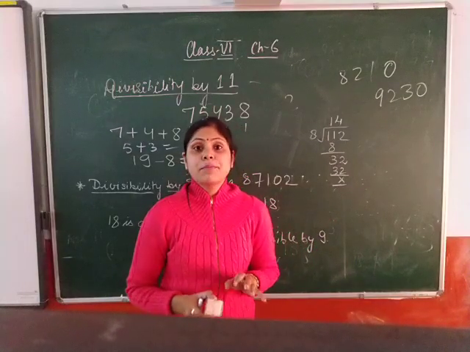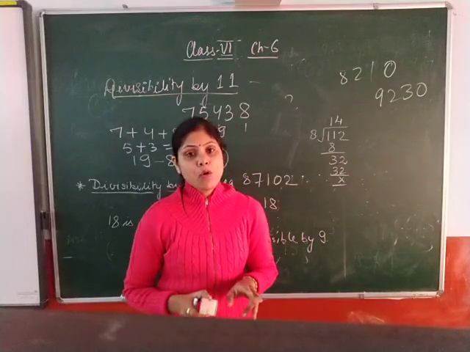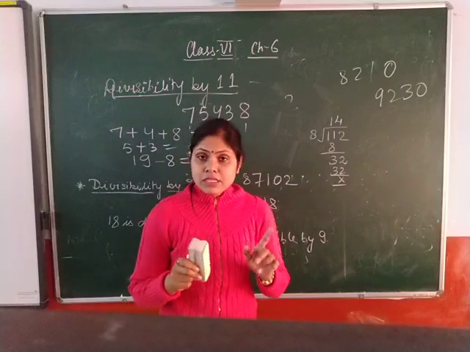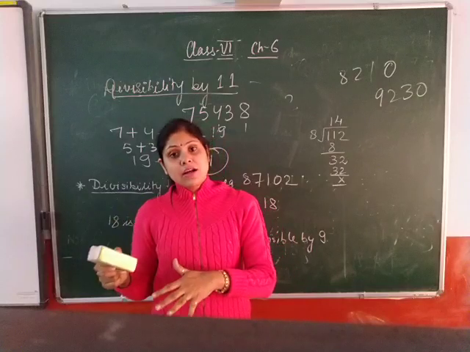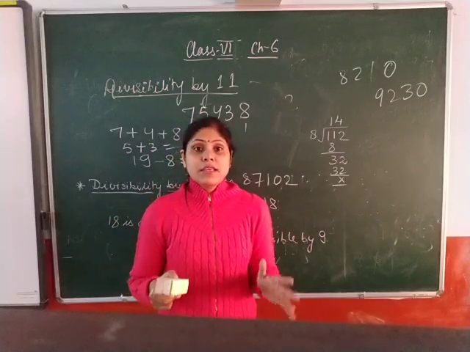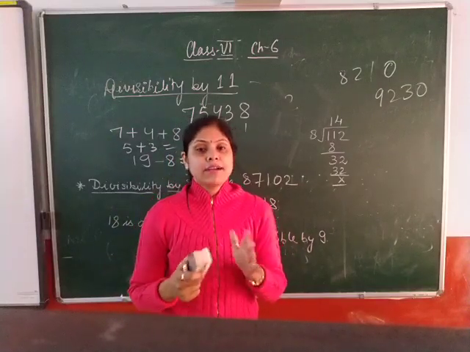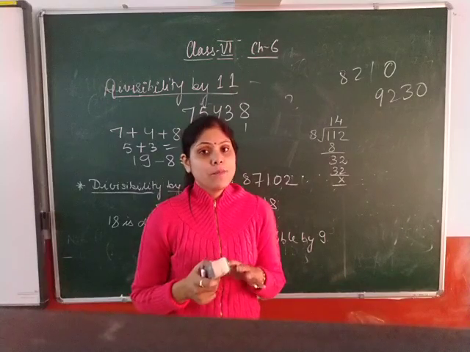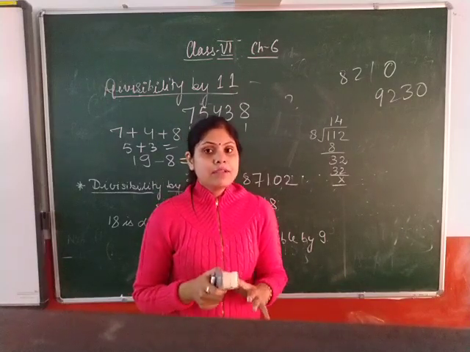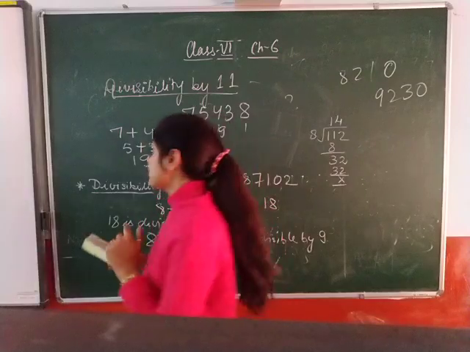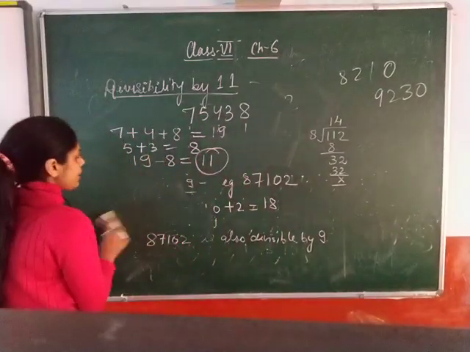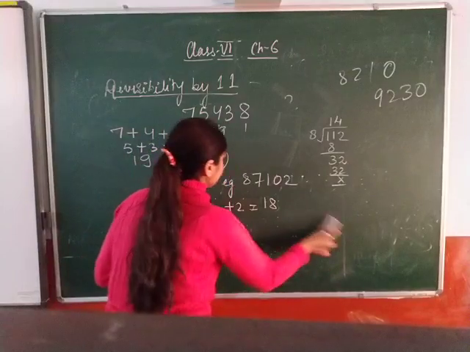A composite number is divisible by 1, the number itself and another number also, meaning it has more than 2 factors. A prime number has 2 factors, 1 and the number itself. Let's take examples of prime and composite numbers.